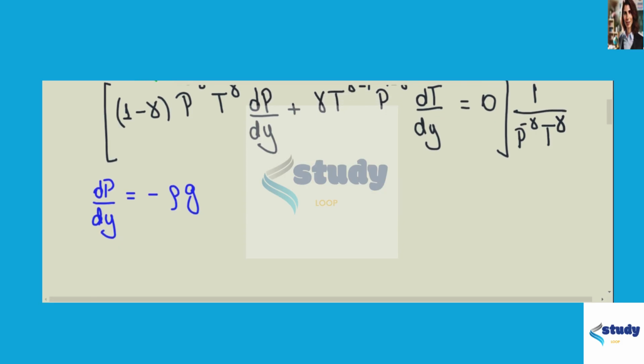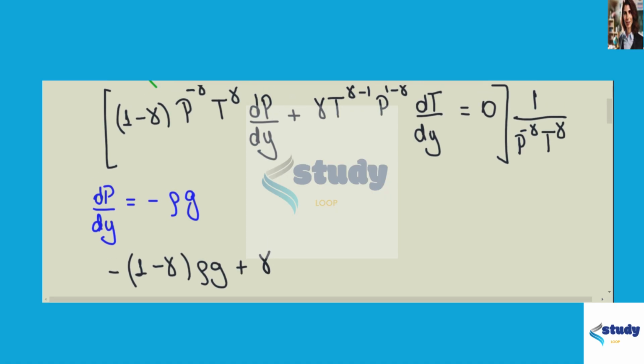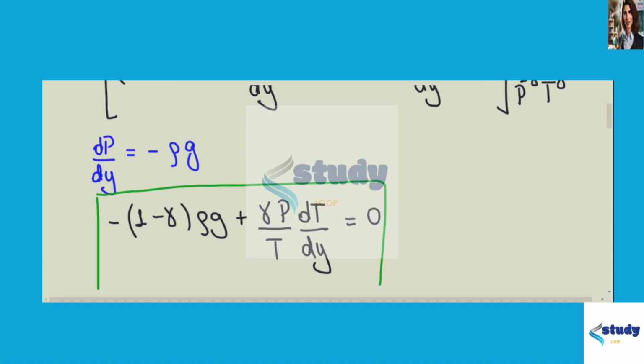So what we obtain is (1 minus gamma) times minus rho g, plus gamma times T to the minus 1 times P, so that's P over T, times dT dy is equal to 0. And this is exactly what we wanted to find.